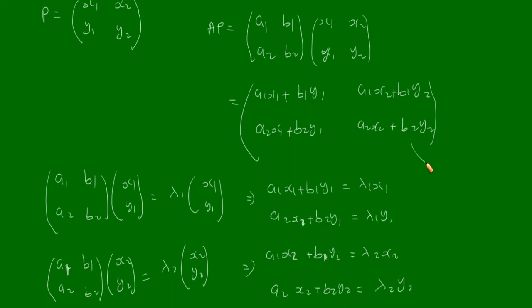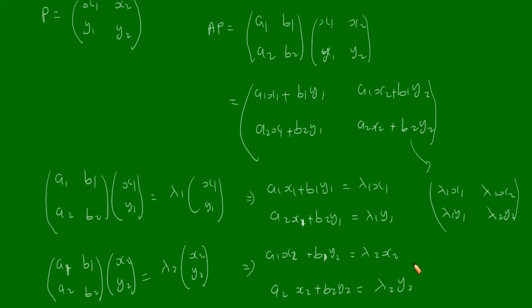So this matrix can be rewritten: the first term A1 x1 plus B1 y1 is lambda 1 x1, A1 x2 plus B1 y2 is lambda 2 x2, A2 x1 plus B2 y1 is lambda 1 y1, and A2 x2 plus B2 y2 is lambda 2 y2. Okay, so this is A into P.